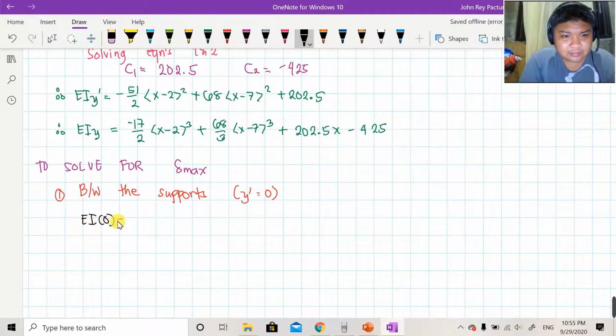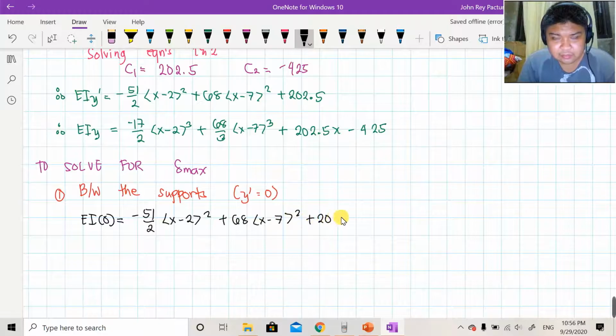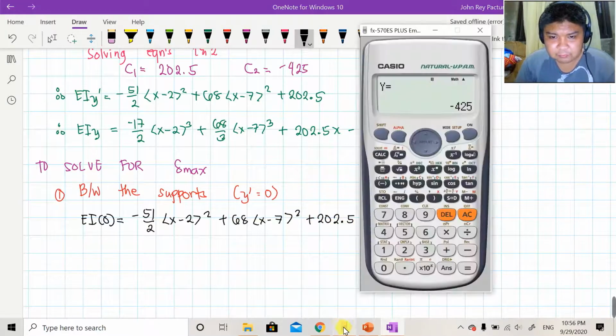So EIY prime equals 0. I am referring to this slope function. Dito ako magsasubstitute: negative 51 over 2 (x minus 2) squared plus 68 (x minus 7) squared plus 202.5. Mahahanap mo yung value ng x simply by shift solve.